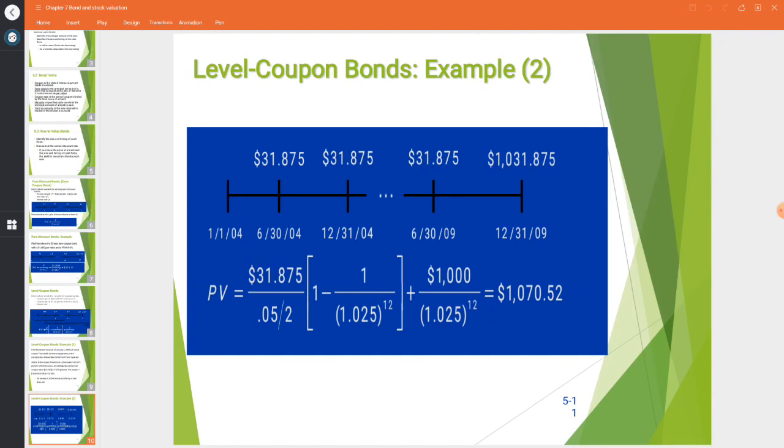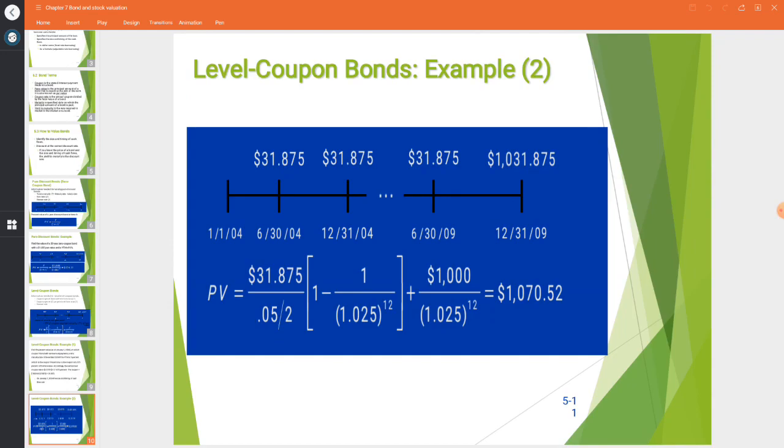a timeline. As you see, in the timeline we are starting at January 2004, and the maturity date is December 2009. This means that every 6 months we are going to have 31.875, and at the end of the maturity date, which is December 2009, we are going to have the coupon plus the face value.